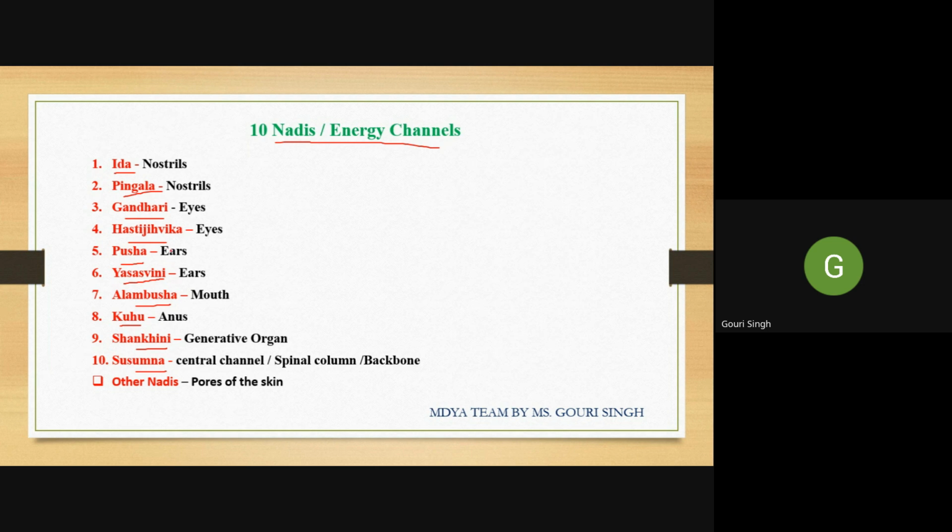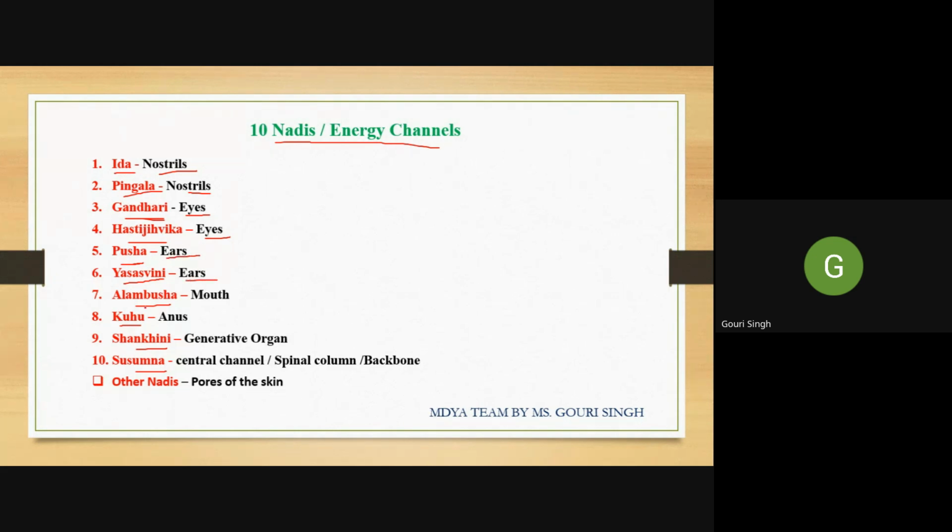Here, Guru Gorakshnath is also describing that Ida is associated with the nostril. Which nostril is not defined, but in Vasishtha Samhita they give whether it is left or right. Ida and Pingala both are considered as the nostrils, Gandhari and Hastajivika are both used for the eyes, and Pusa and Yashaswini both are used in the ears.